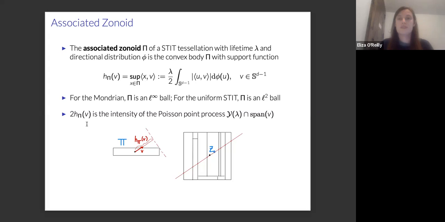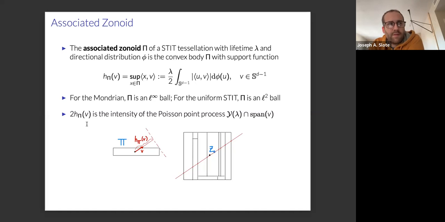In general, you choose a direction from the directional distribution weighted by the widths of the cell in each direction. The parameter of the clock is the total mass of that integral.